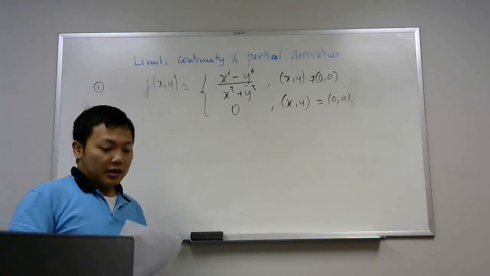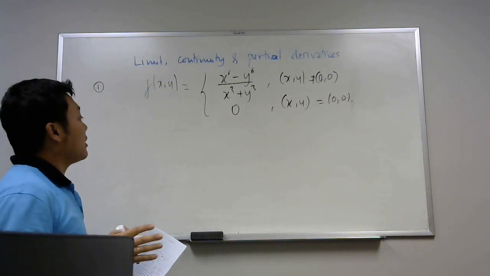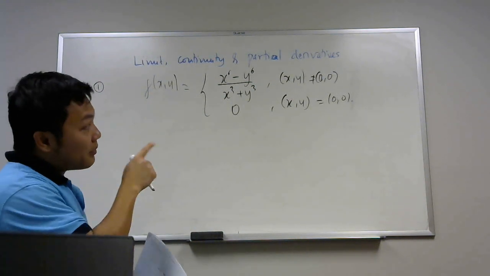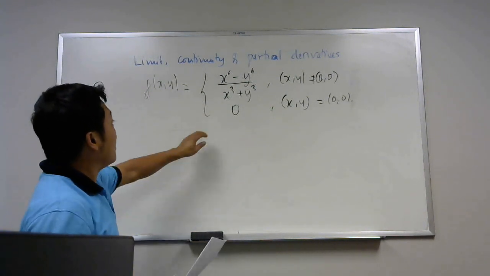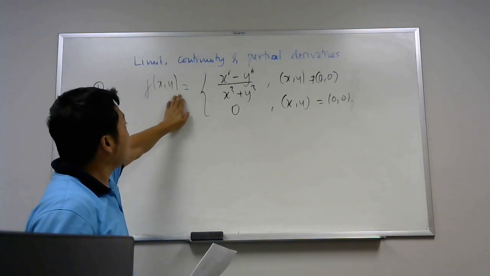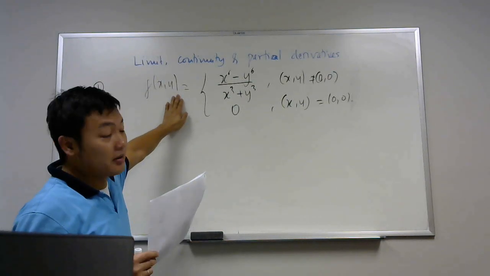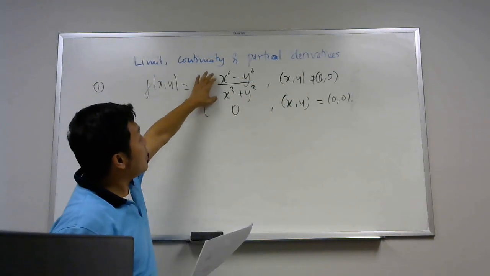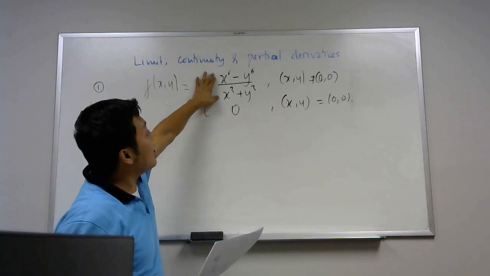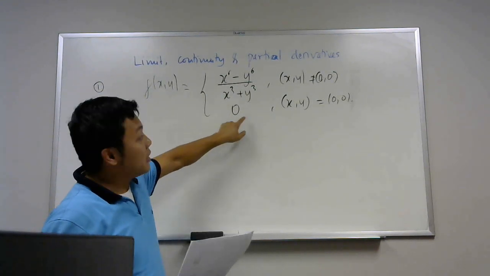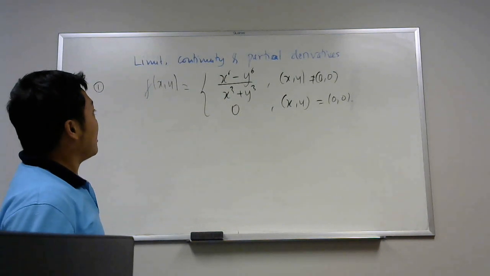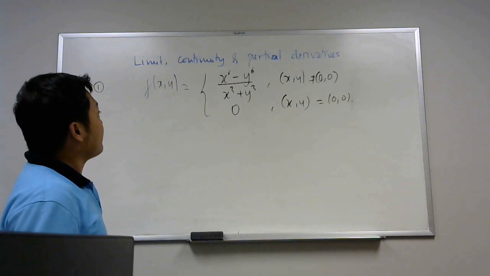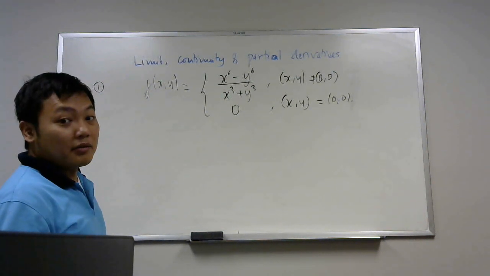Again, the function is continuous if the limit exists at that point and is equal to the function value. So that means if we want to prove that this function is continuous at 0, we need to show that the limit of this function is equal to 0 at (0, 0). So probably you can guess the limit of this function is equal to 0.